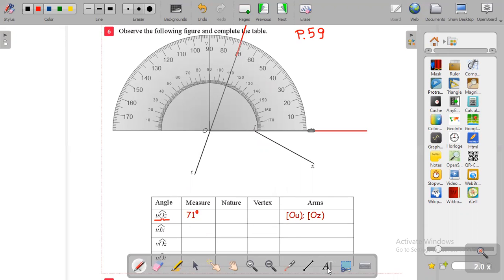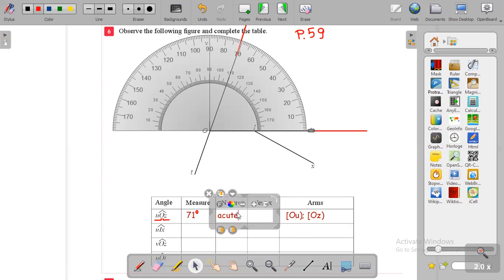Now what is the nature of this angle? The measure is smaller than 90 degrees. So the nature is acute angle. The nature is acute because the measure is smaller than 90 degrees.